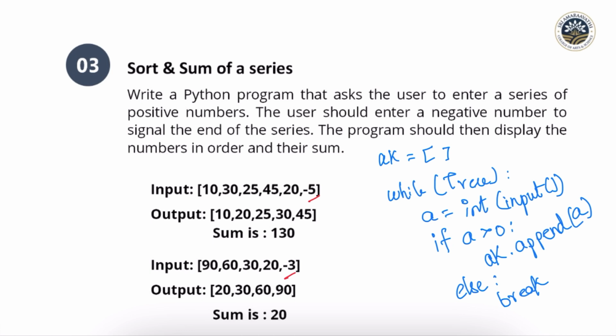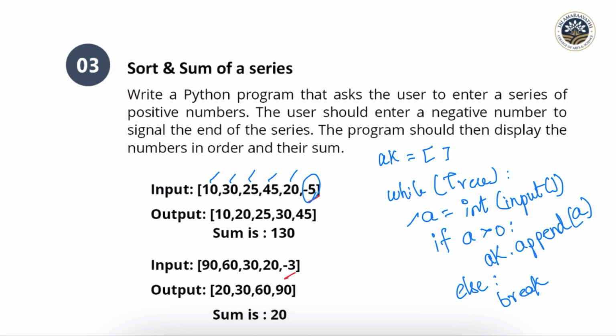Step 2 is that they're asking you to print in ascending order. So here you see 10, 30, 25, 45 and 20. If minus 5 is given as an input value and it is checked for being greater than 0, it's not greater than 0, so it will not get added to the list.